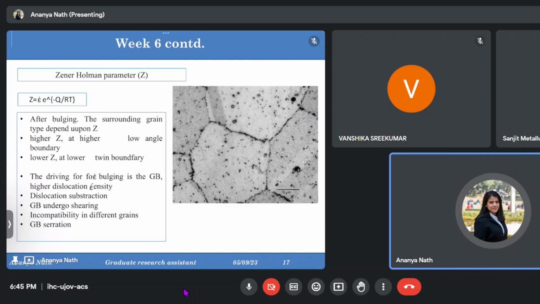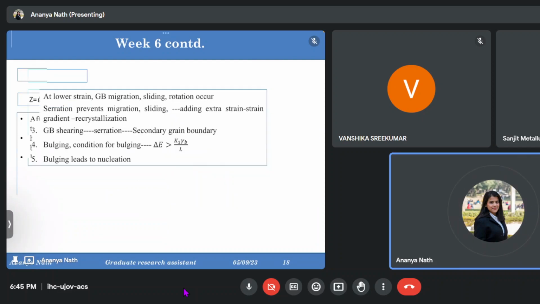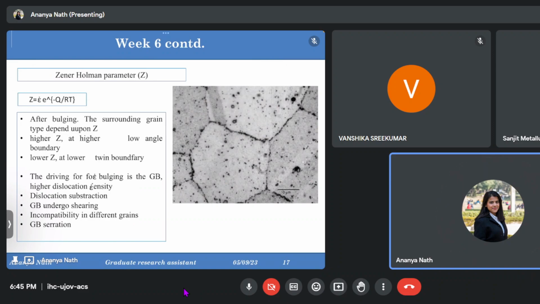So this equation is telling us that Z is directly proportional to the strain rate. So if Z is high, the strain rate will be high.